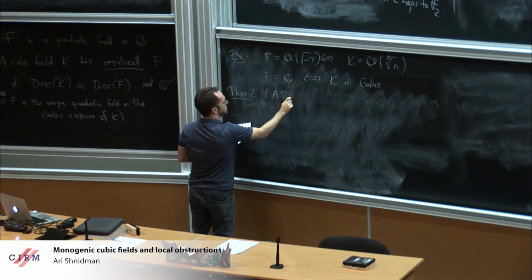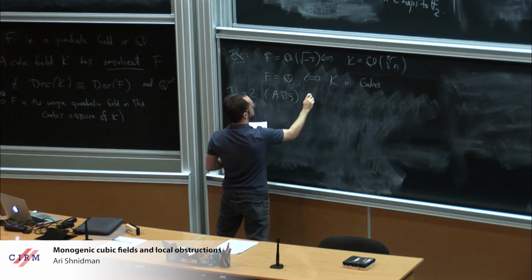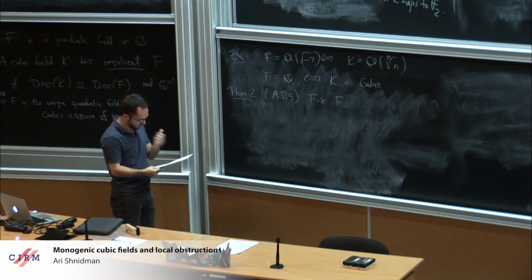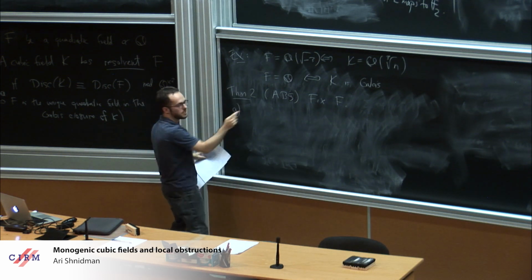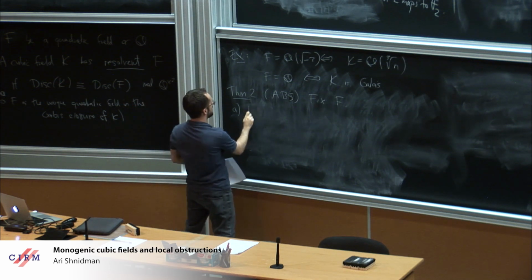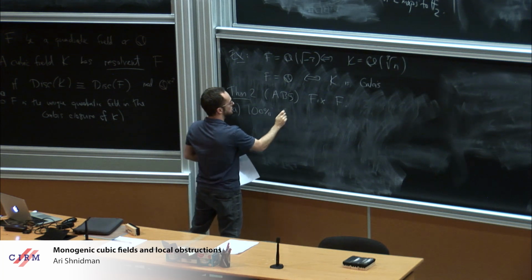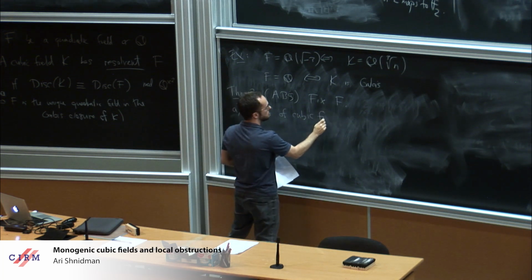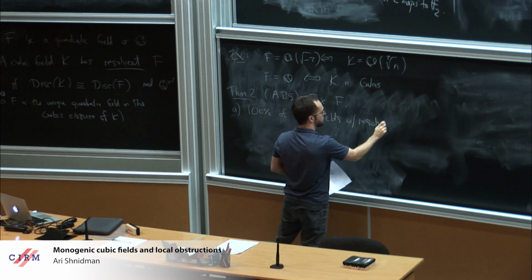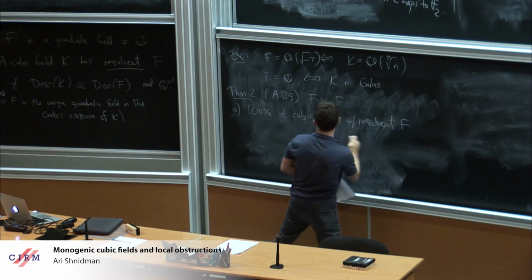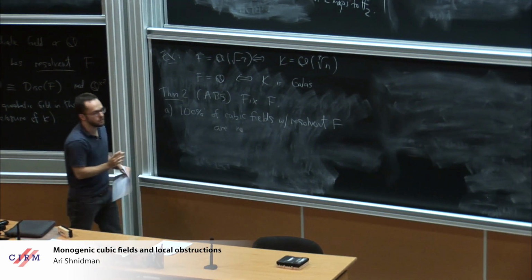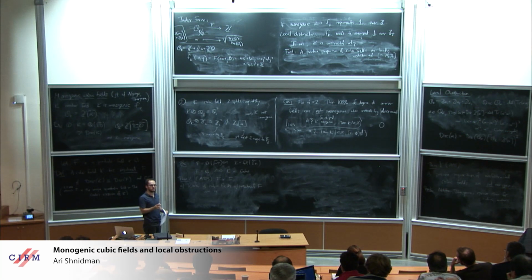So let's fix F as before. And the first part of the theorem says that once I fix F, 100% of cubic fields with resolvent F are, well, it's not even just that they're not monogenic, they're locally obstructed already.